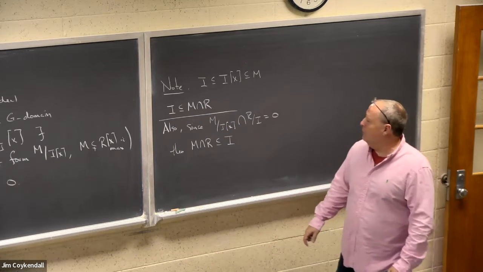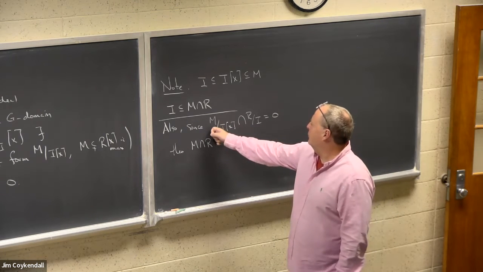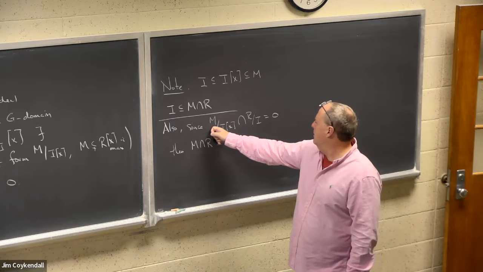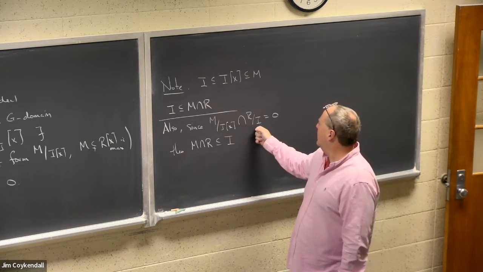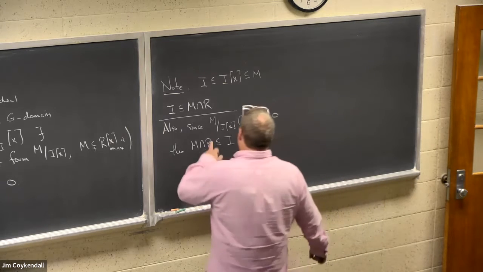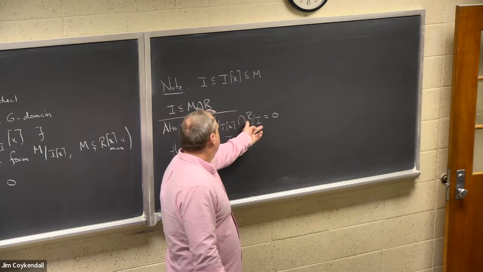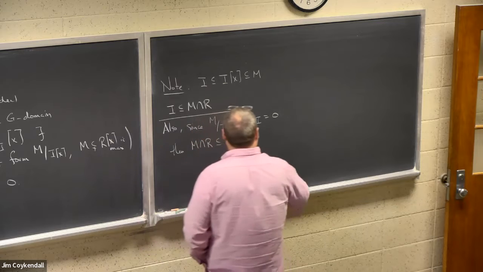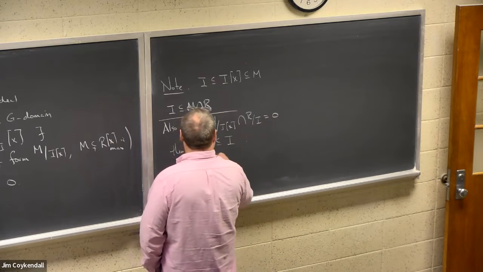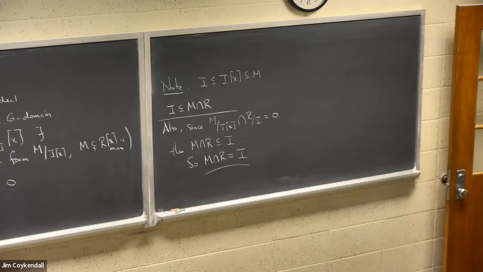Because let's suppose that you have something in M that's also in R. Well, the coset that corresponds to M here, because of this, means that whatever this is has to be the 0 element here, and therefore in I. So anything that is in M and R, its corresponding coset must be in I. So M intersect R is equal to I, and there's your maximal ideal that contracts to I. Okay. Any questions on that?